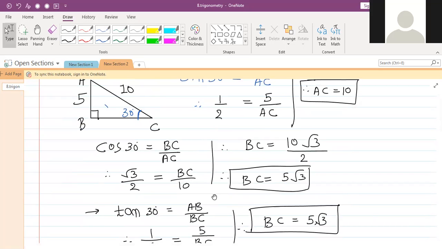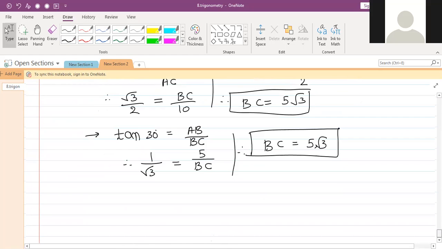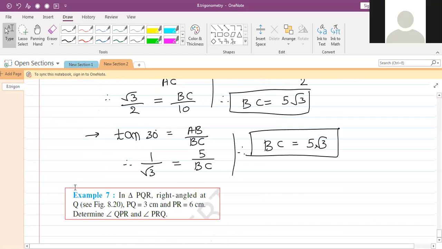Now I take another similar kind of example, but in this question we have to find the angle. In the previous one we had to find the side, and in this one we have to find the angle.